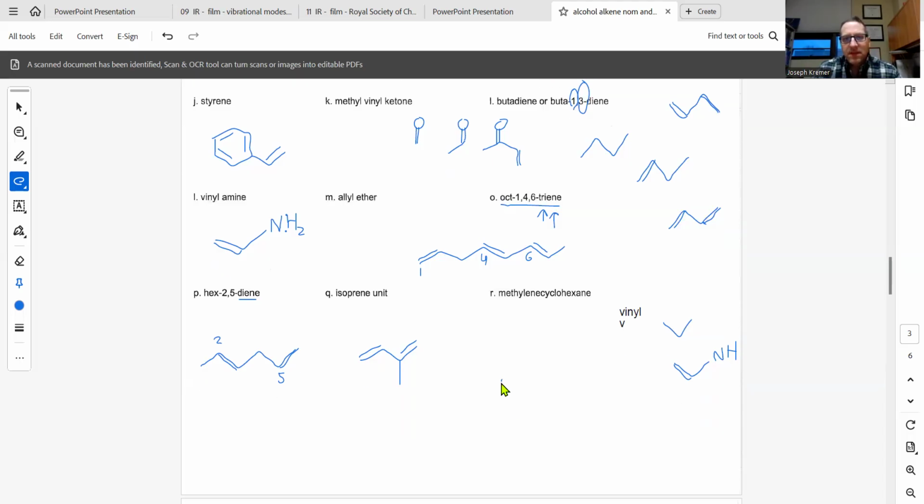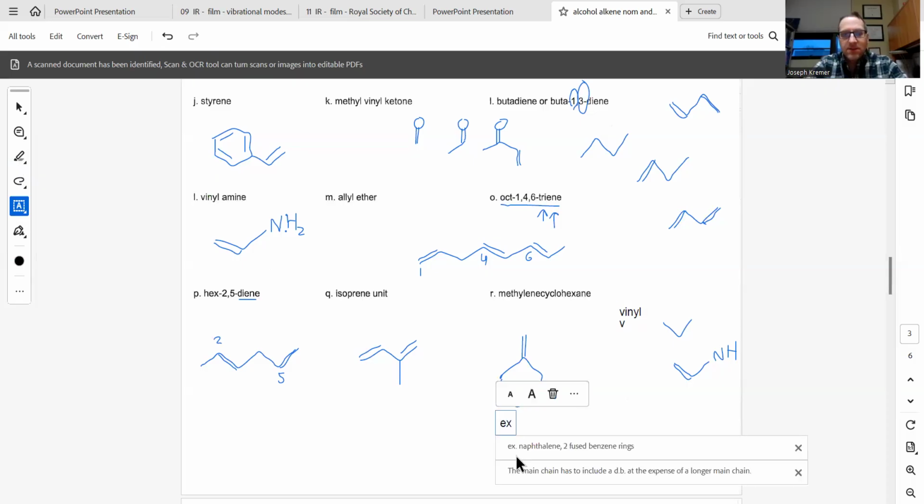And methylene cyclohexane is a strange looking molecule because you have a double bond external to the ring. It's called an exocyclic double bond. It's a footnote. Exocyclic means outside the ring.